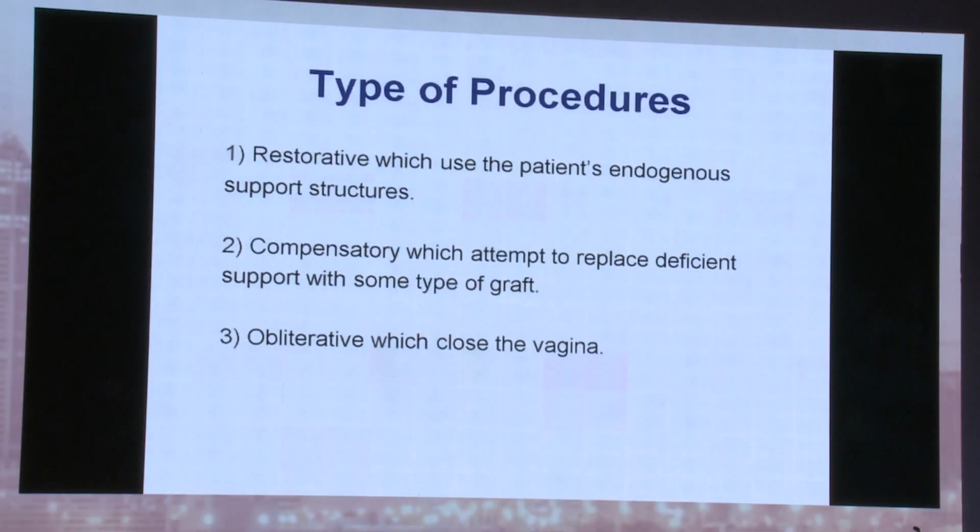So procedures we have are either traditional repair using the patient's own tissues, or augmented repair using grafts or meshes, or obliterative procedure, we just close the vagina. Why did we start using grafts? Because definitely the outcome of traditional repair was not good. And at the same time, it was very popular to treat stress urinary incontinence by anti-incontinence sling procedures.